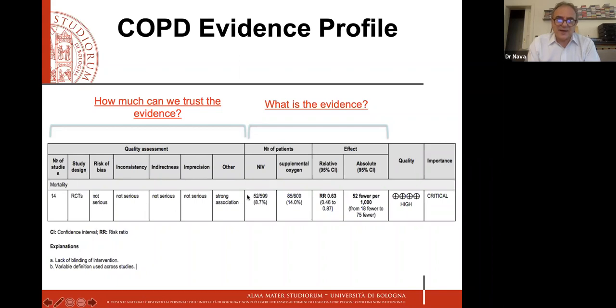The number of patients enrolled, the relative effect and the absolute effect, and the quality of the papers. Quality in this field, COPD exacerbation, was very high, and the importance was critical.